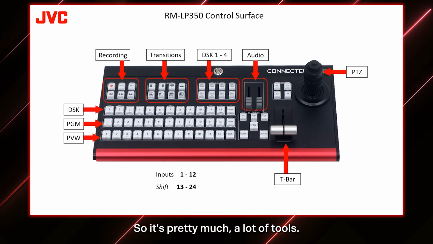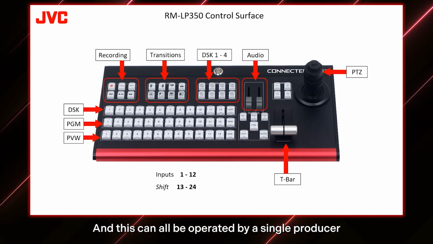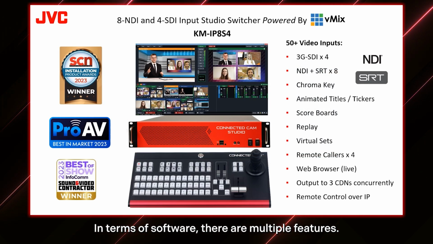So it's pretty much a lot of tools, and this can be all operated by a single producer, single cameraman, while using multiple cameras. In terms of software, there are multiple features. vMix is very powerful platform.